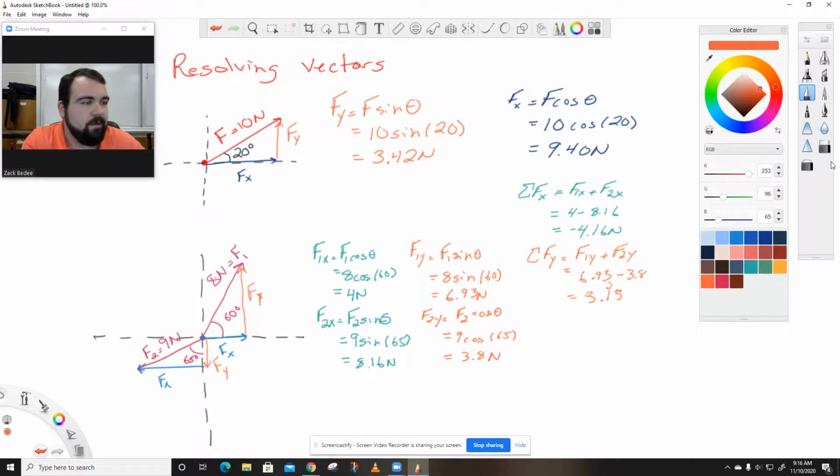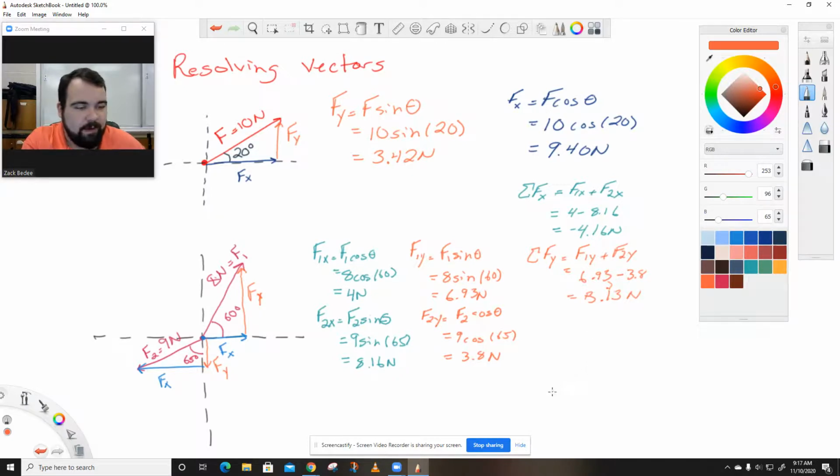Sorry, took a minute for that to process. All right, positive 3.13 newtons. So we have 3.13 newtons and negative 4.16 newtons.